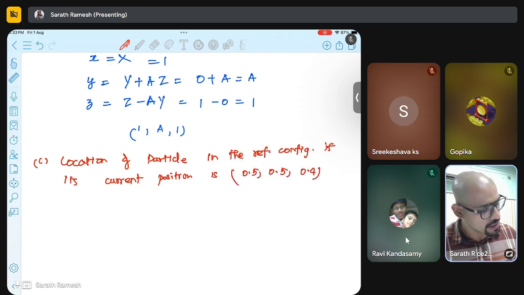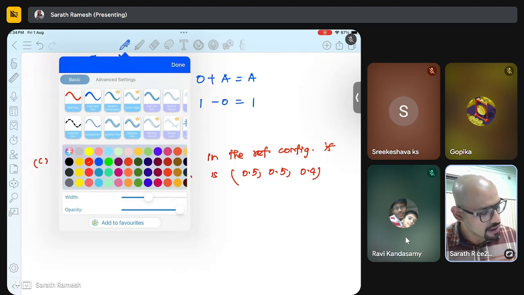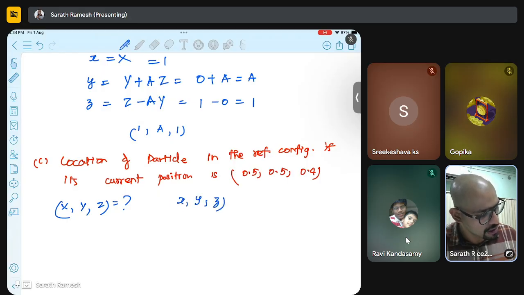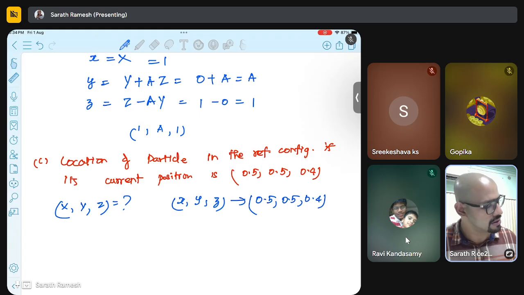So here they are asking capital X, capital Y, capital Z equal to what? Given small x, small y, small z as 0.5 comma 0.5 comma 0.4. This is what is given, right?